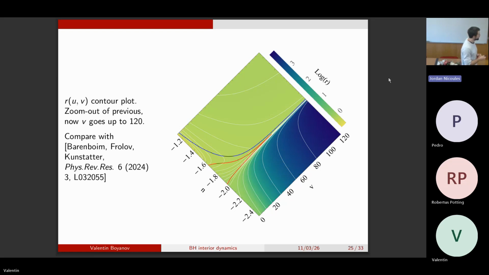You see that they actually join together at V around 70 something. And the anti-trap region continues to expand outwards, but then slowly tends to halt its expansion when it reaches more or less the initial size of the black hole.